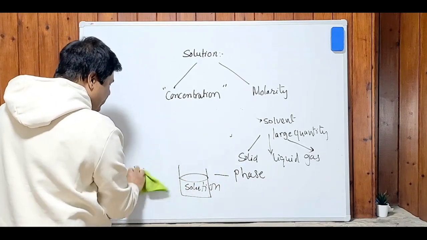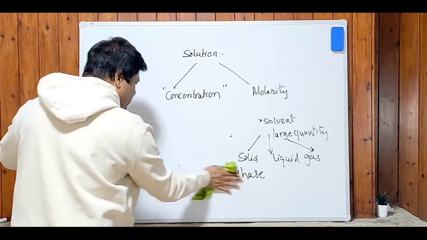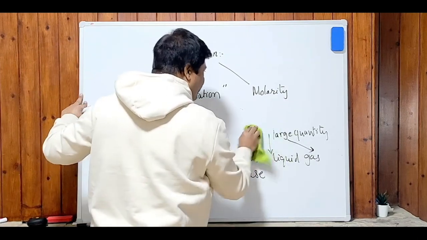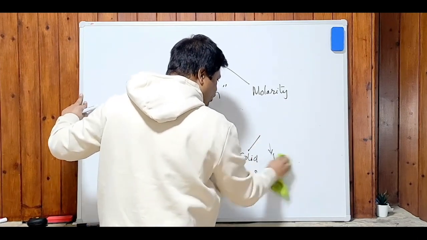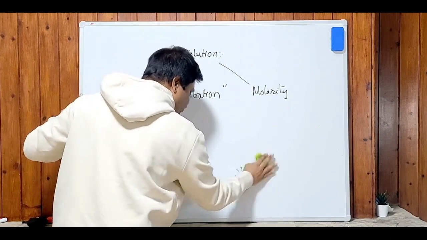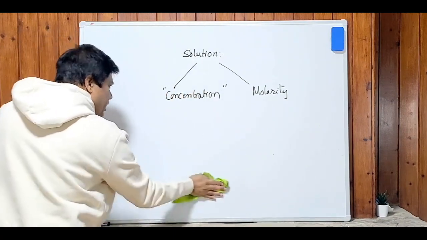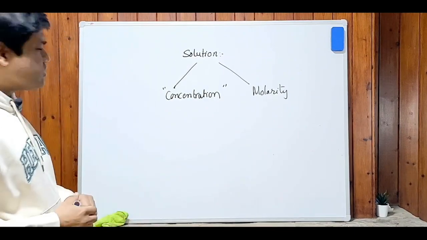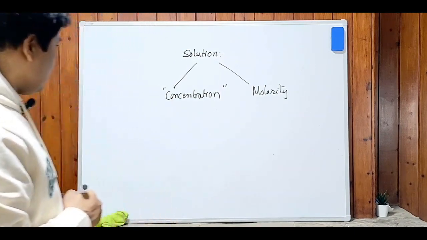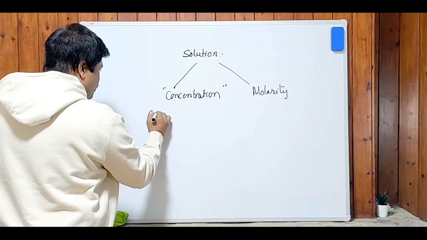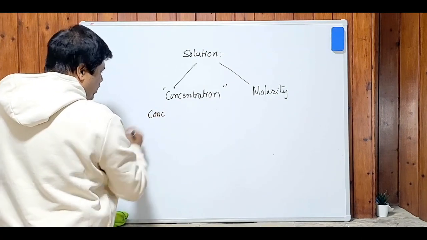Molarity and concentration are the same thing, but I don't want to go into detail about the small difference. Let's focus on the concentration term. So what is meant by concentration of a solution? Concentration, the short form is conc.